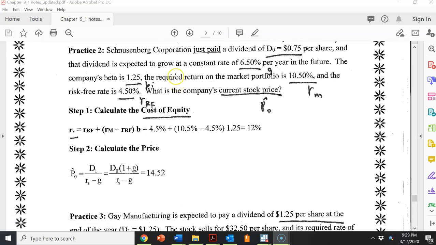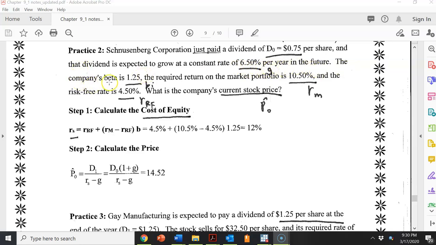Practice 2. This firm just paid a dividend of D0, $0.75. Just paid means it paid this dividend today, so it's D0. The dividend is expected to grow at a constant rate, G, of 6.5% per year in the future.